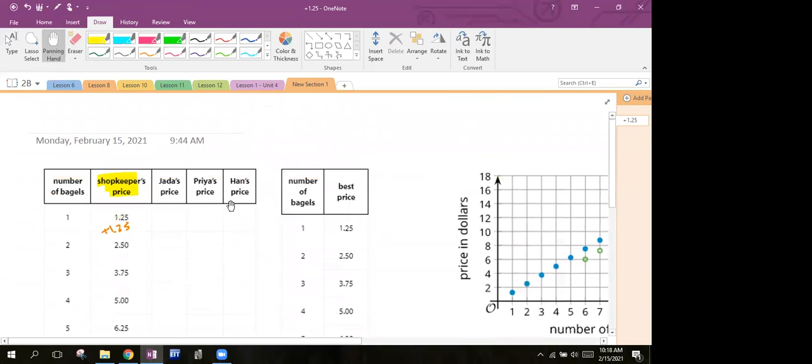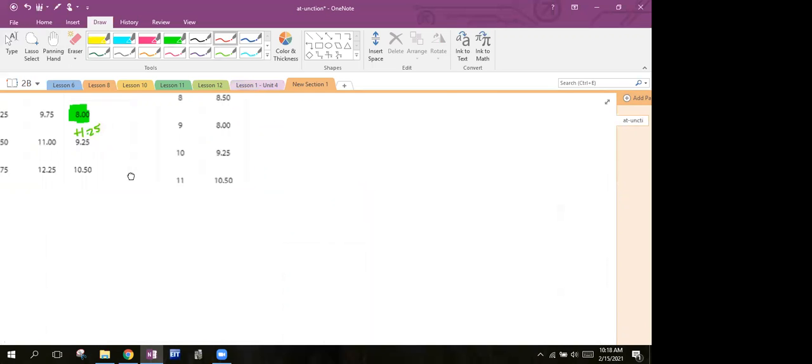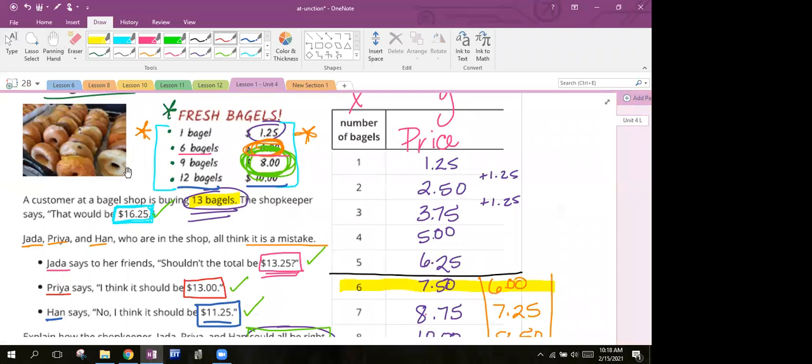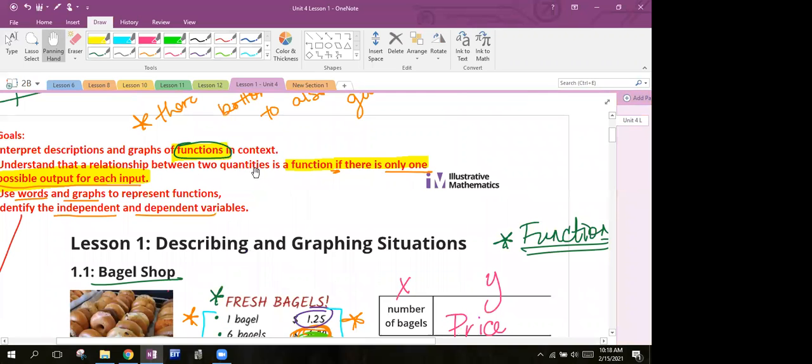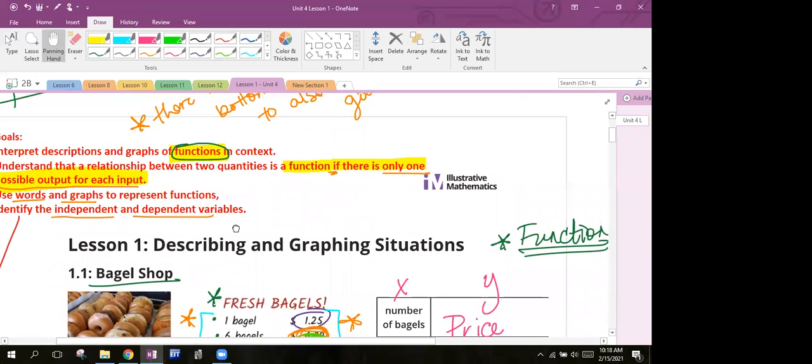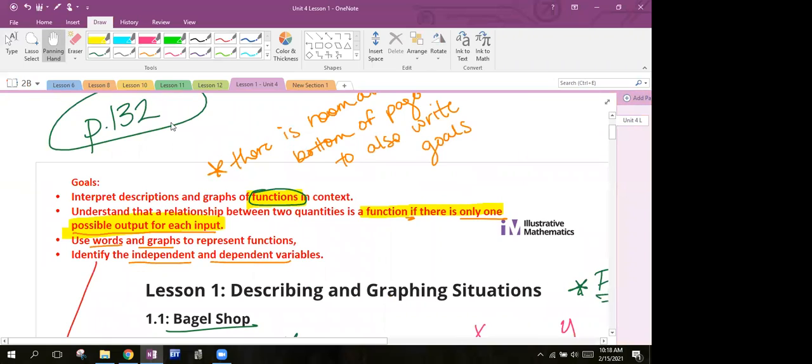Once again, I want you to think about these as functions. Based off of our goals that we wrote earlier, it says understand that a relationship between 2 quantities is a function if there is only one possible output for each input.